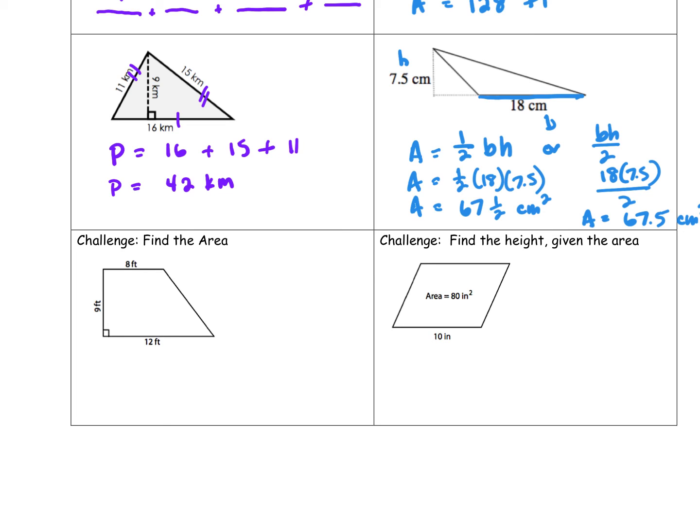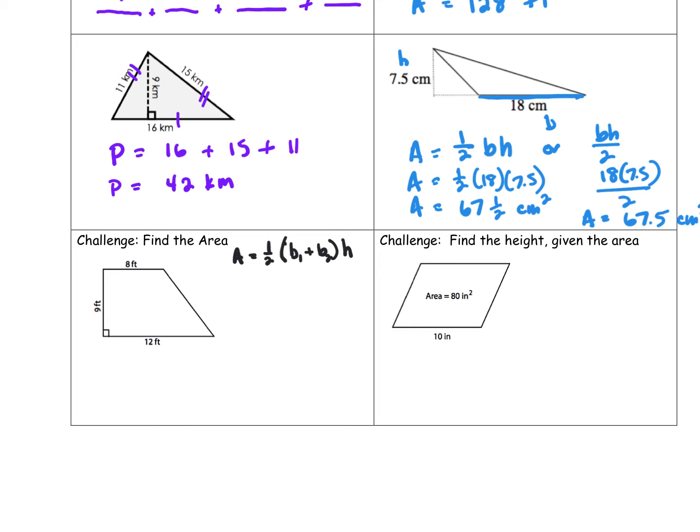So the formula for a trapezoid looks like this. Area equals 1/2, like the triangle, but we have to add the first base and the second base together to get the average of them, times the height.